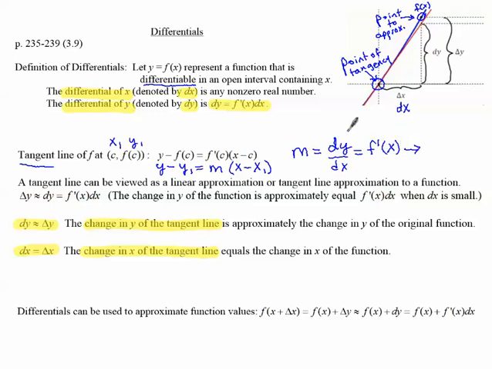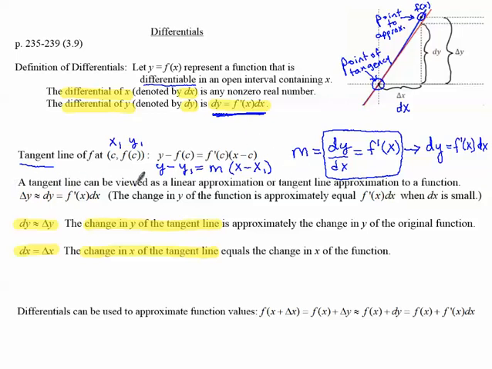So notice if we take dy dx equals f prime of x and solve for dy, then dy equals f prime of x times dx. Notice that's what the differential of y is shown as here. Dy equals f prime of x dx.